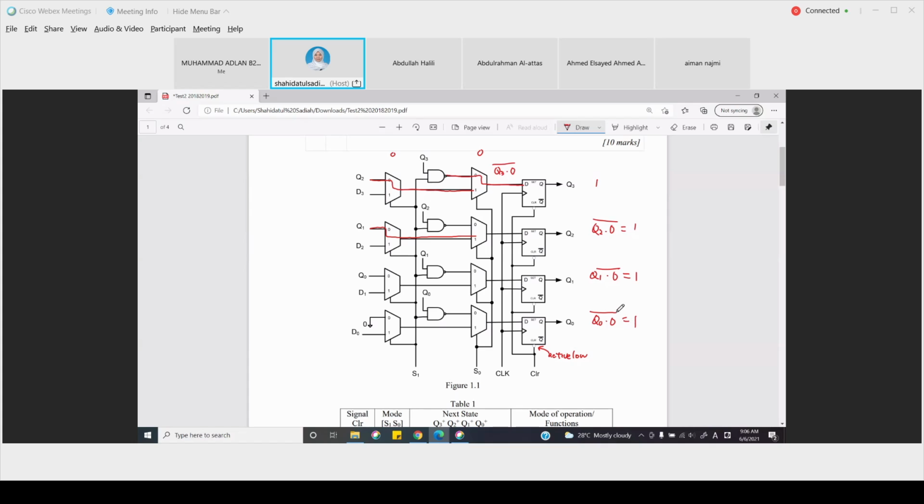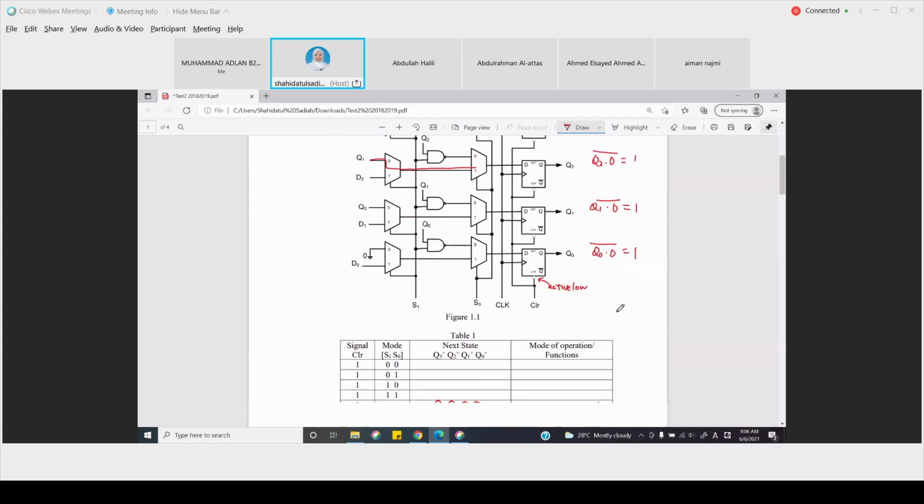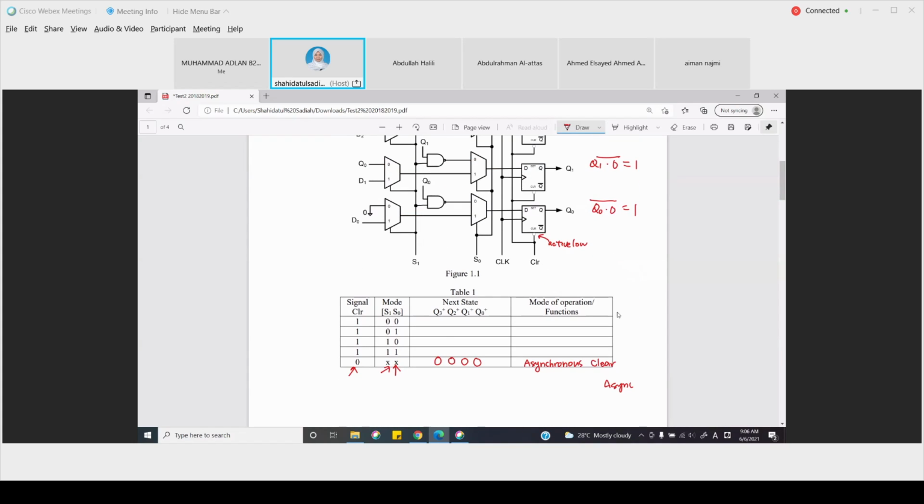If the selector S1, S0 is 0, 0, the next state will be 1, 1, 1, 1. So the operation is like we set all inputs to be 1, or like a preset. So it's a synchronous preset.